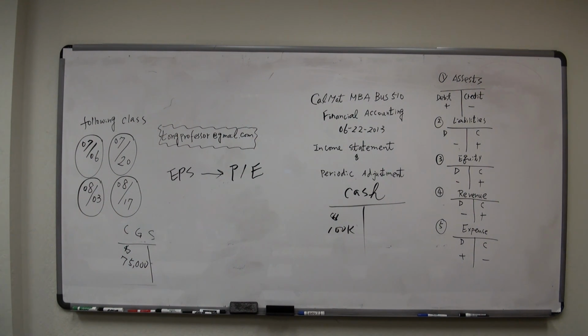Another chart for you, page 117. Okay, this page 117 is the same thing as the chart I put up every week. I will put this chart on the right side. Same thing. We have assets, we have capital, we have liability, then we have revenue and expenses.